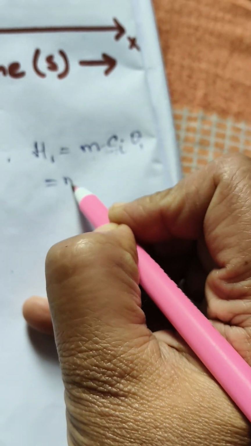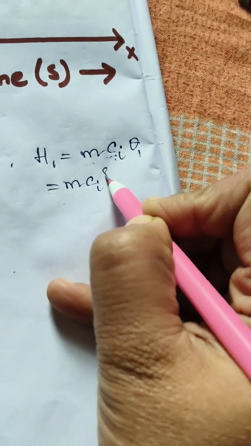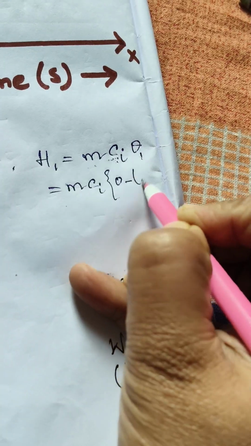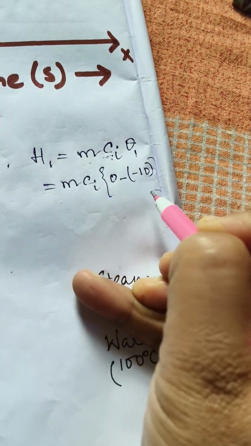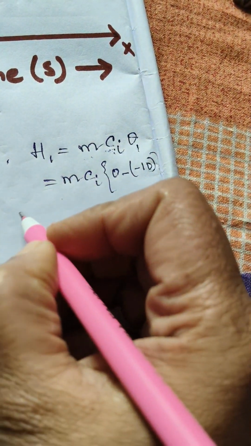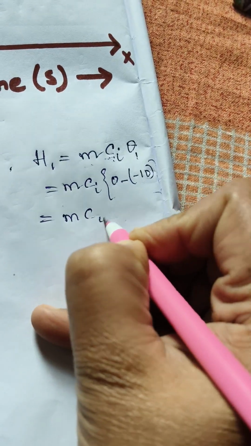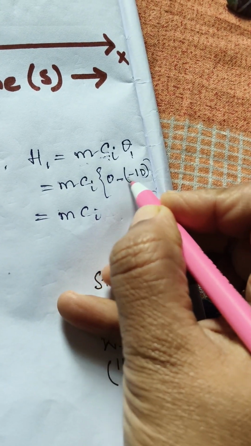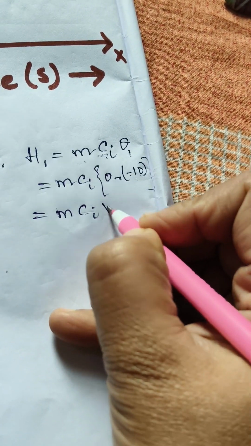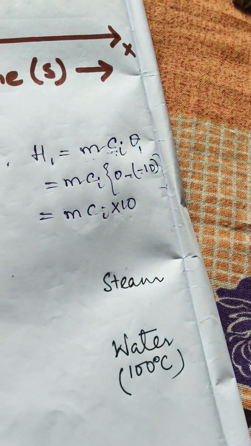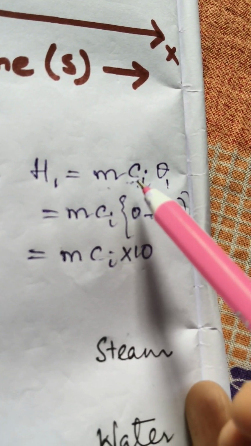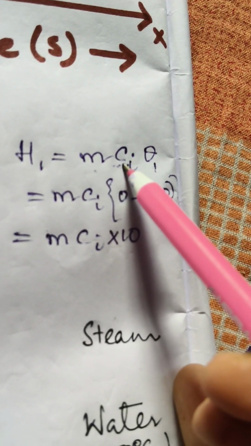What I mean to say is this will be M C_I and there will be 0 minus of minus 10 degrees. Okay. And what you get over here is M into C_I into, this is minus minus is plus, into 10. Okay. So you have to see what is the unit of the specific heat capacity of ice.